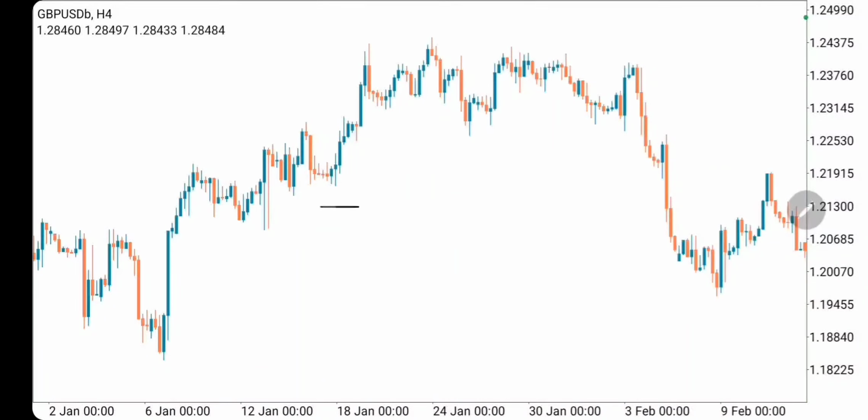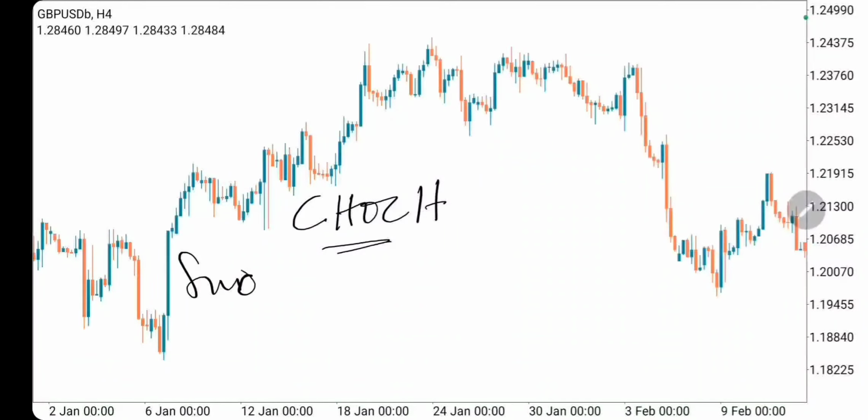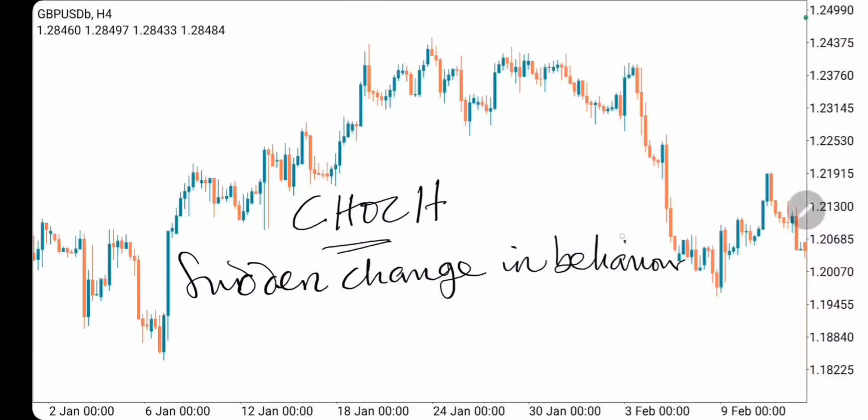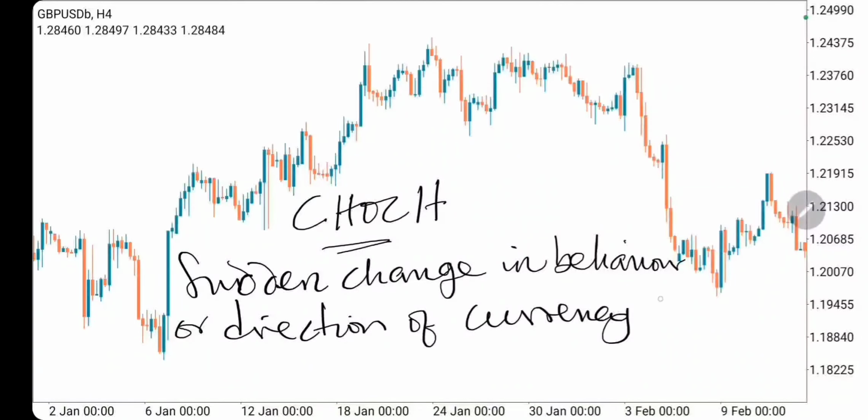Now for change of character. It occurs when there is a sudden change in behavior or direction of a currency pair's price action.